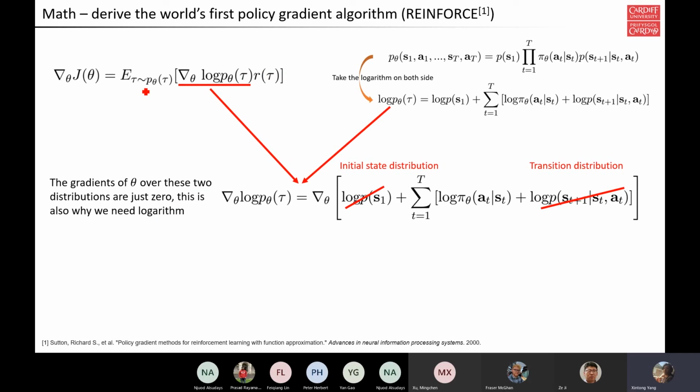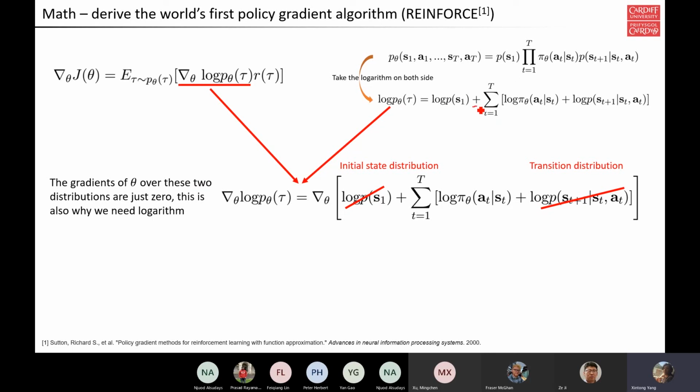So now we want to deal with this p theta tau here. Remember that p theta tau is a joint distribution of the initial distribution, the policy distribution, and the transition probability distribution. Because we are taking gradient over a joint distribution, it's gonna be hard to compute. This is the reason why we take the logarithm of this p theta tau, right? Because the multiply operator after the logarithm will become an addition, okay?